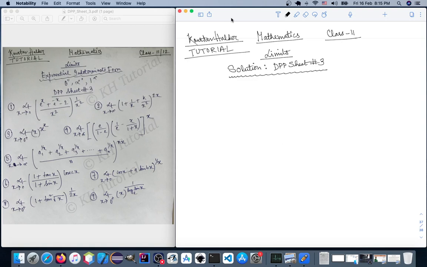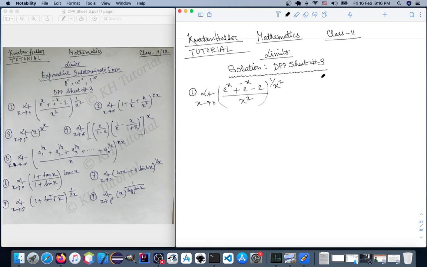So let's start solving the problems. The first problem is limit x tends to 0, (e to the power x plus e to the power minus x minus 2) divided by x square, whole to the power 1 by x square.